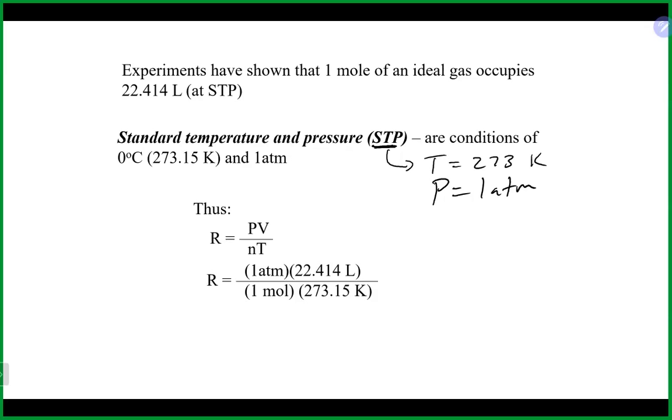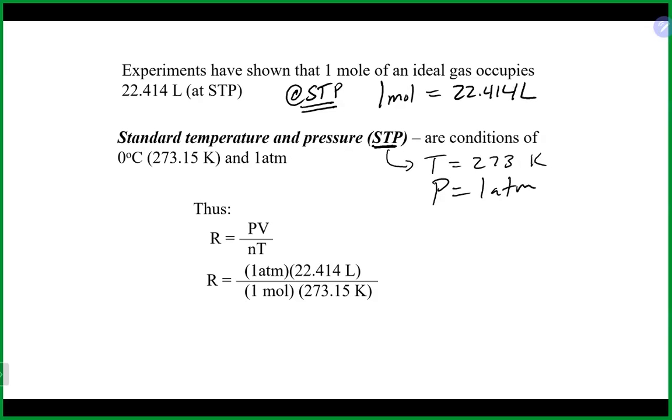Now, there's a nice relationship that you can use when you are at STP, and only when you're at STP. It can allow you not to have to use the ideal gas law in a certain situation. When you are at STP, if you take 1 mole of any gas, that will equal 22.414 liters.